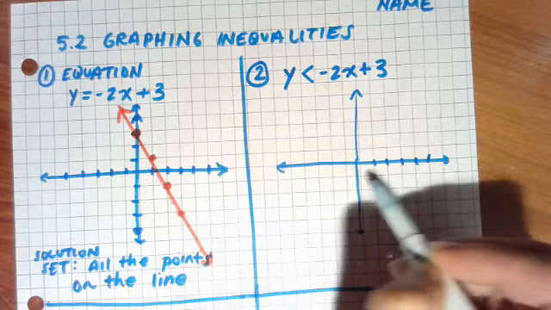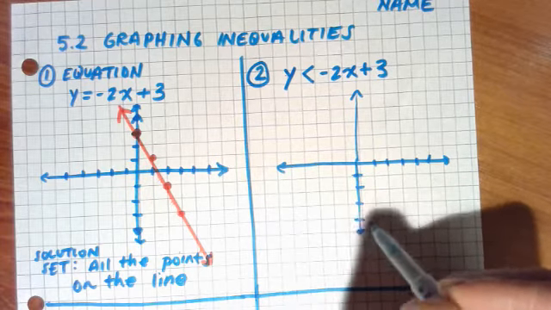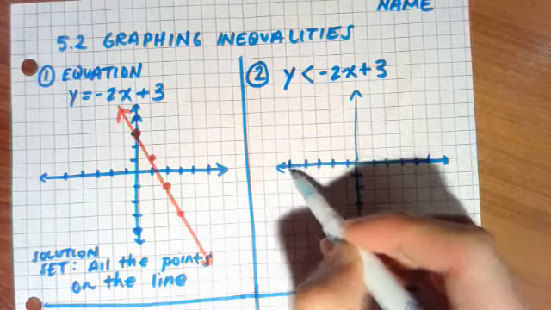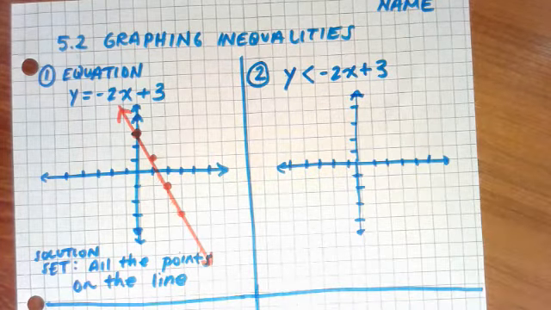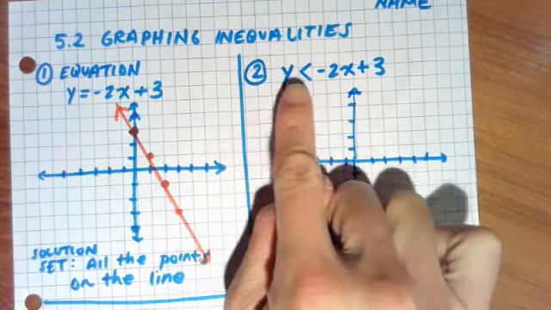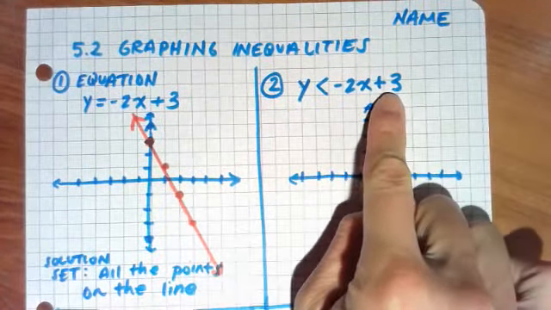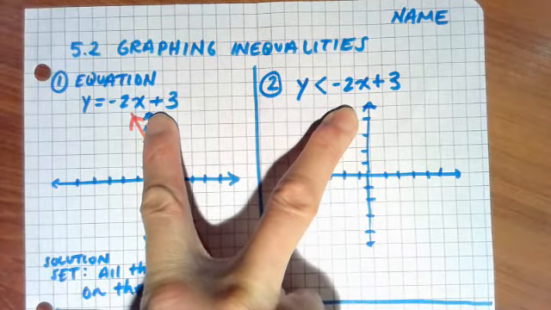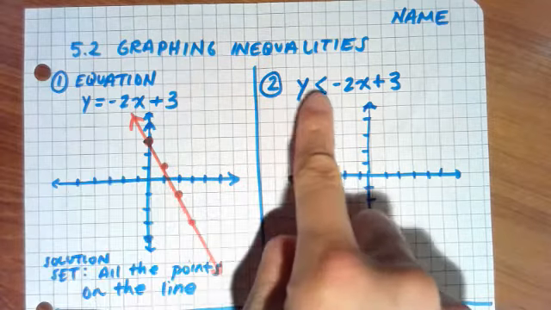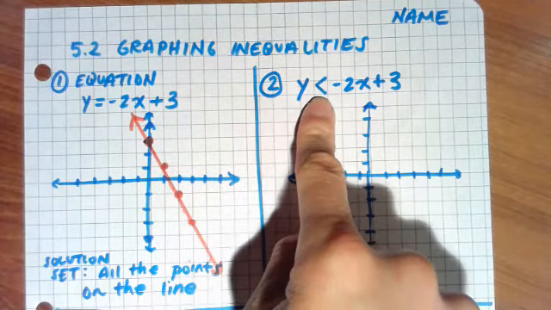And we can do 5 units on each side. To graph this inequality, notice that it is almost exactly the same as our first example. The only difference is instead of an equal sign, we have this less than symbol.